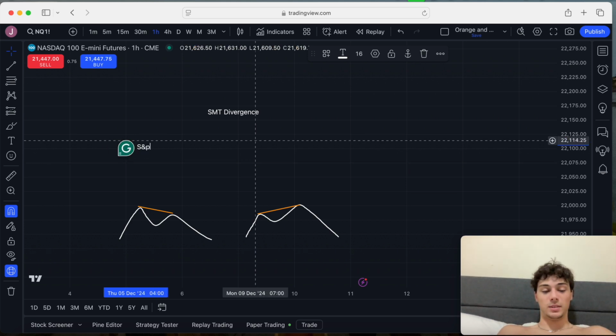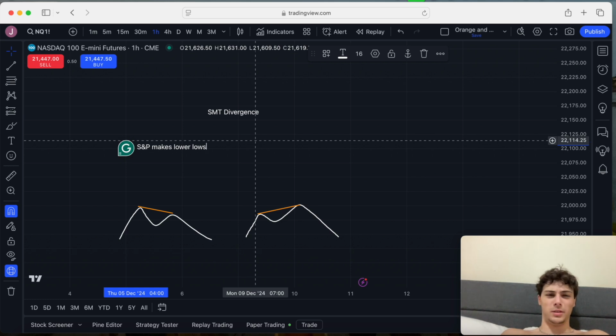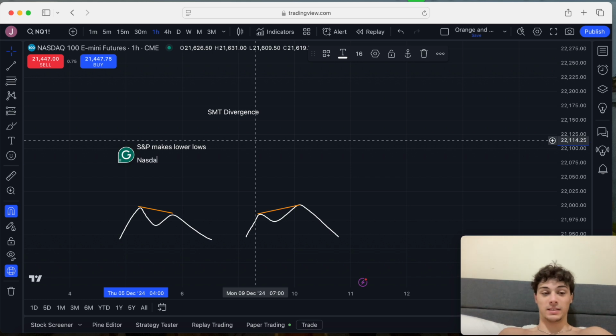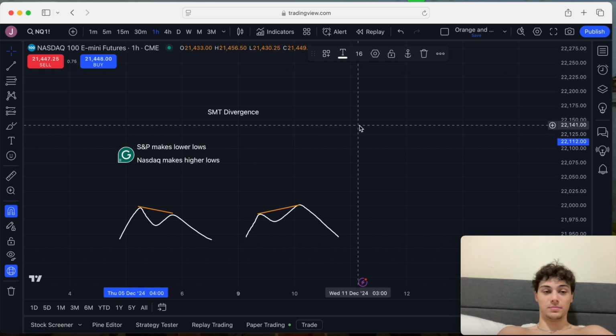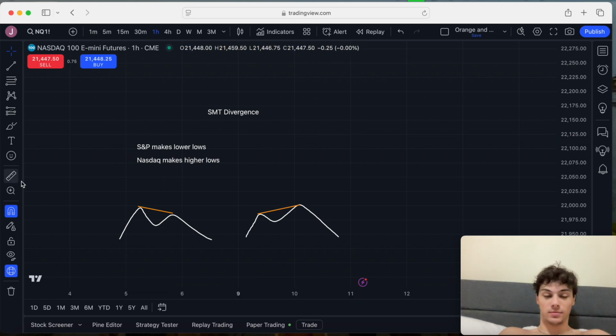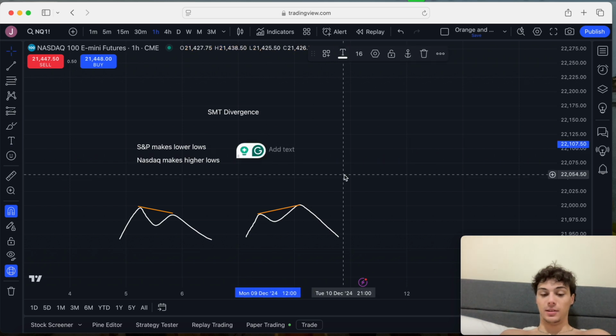S&P makes lower lows. Wait. Nasdaq makes higher lows. Or, wait, bear with me on this one. S&P makes higher lows.